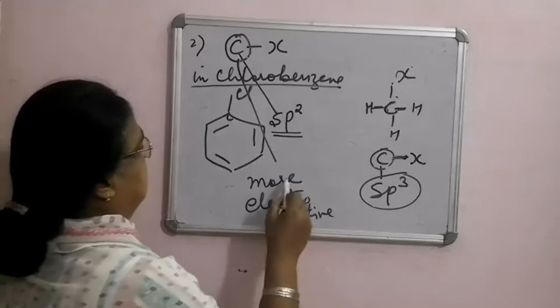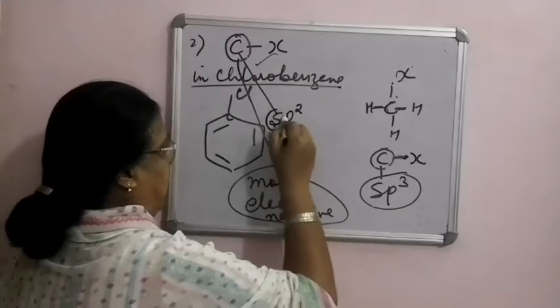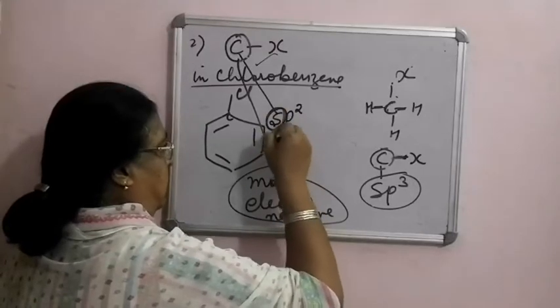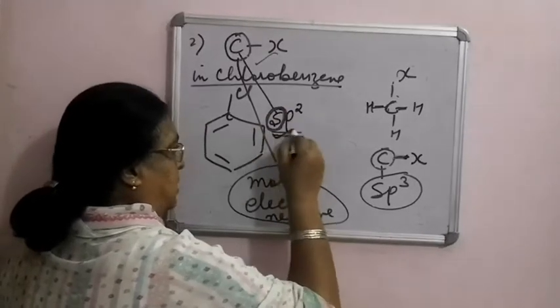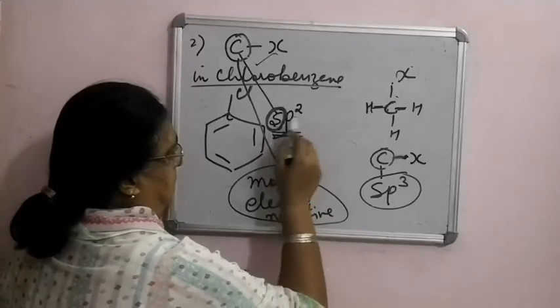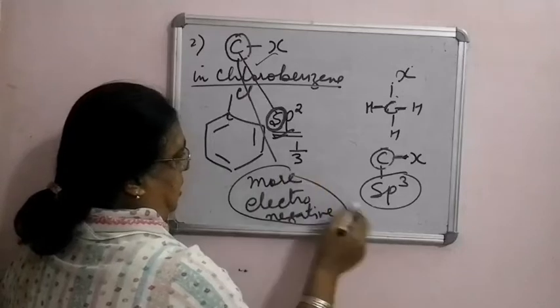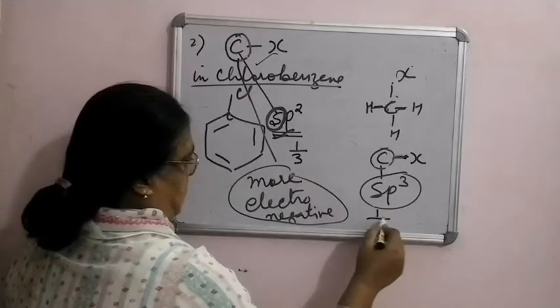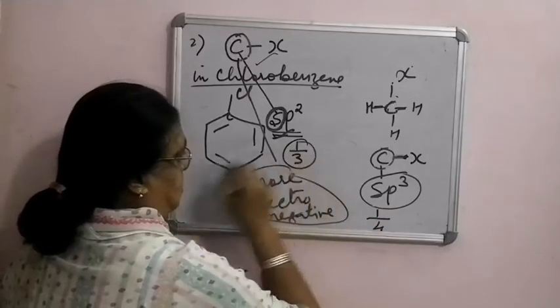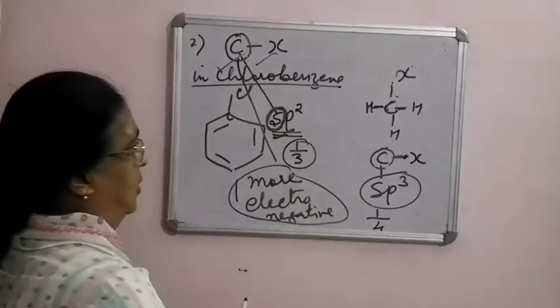So why is this more electronegative in this case? Because the s orbital character is more here if you calculate the percentage. Here we have altogether 3 orbitals and the s character is 1/3, and here the s character is 1/4. So here the s character is more, and so this carbon is more electronegative.